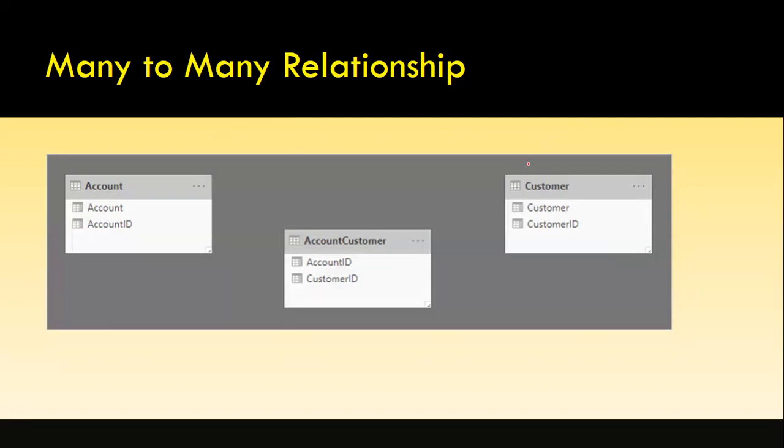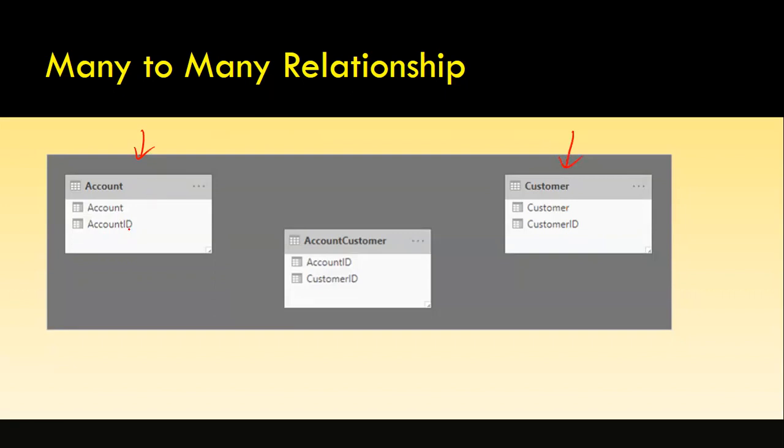In this case, all the customers' details are kept in this table. It's a kind of dimension table, right? Whereas in this table, all the accounts are maintained: the account number and then the details of the account. So account ID 1001 is a savings account, 1002 is the current account.